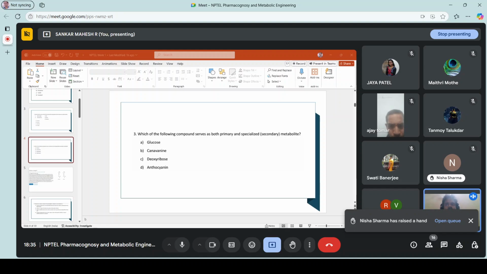Nisha, you can start by mentioning what primary and secondary metabolites are.